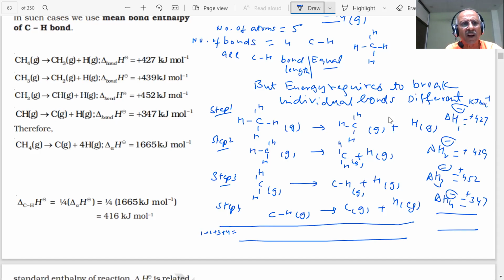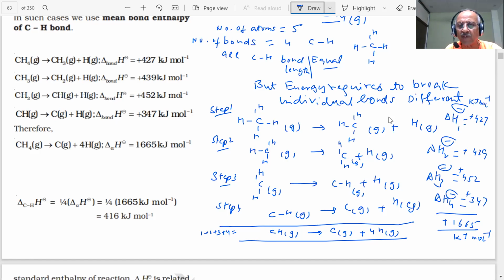The enthalpies, add all these. When I add, I got 1665, plus 1665 kilojoules per mole.